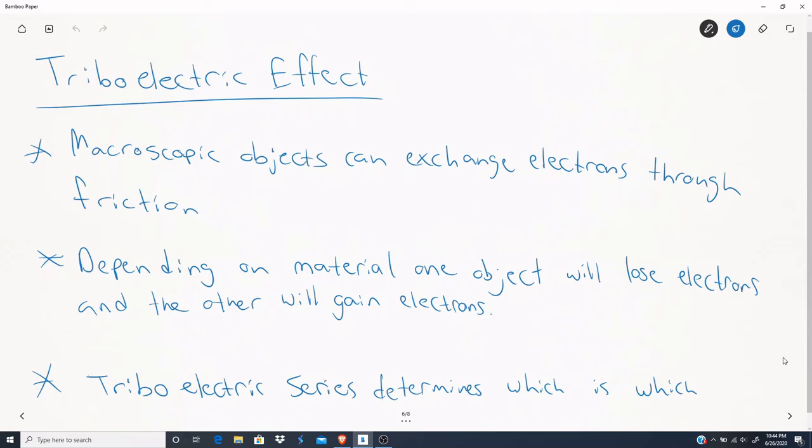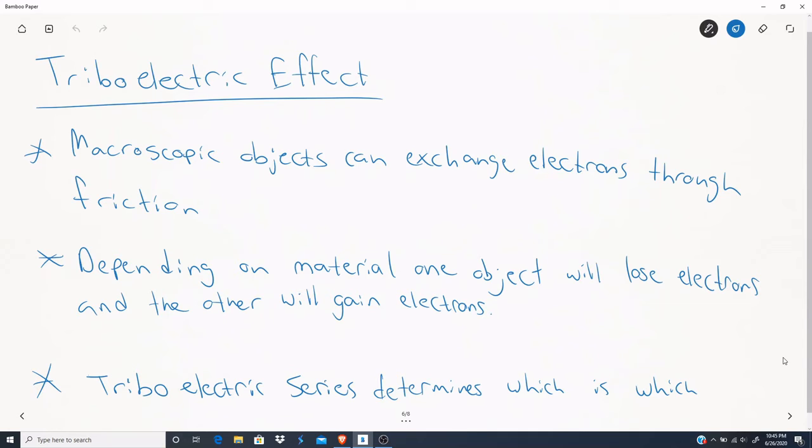The reason that one will gain and one will lose is really based on the detailed chemistry of those objects. It's somewhat related to the concept of electronegativity, if you've ever heard of that concept from a chemistry class. There is a series that tells you which types of materials will gain electrons and which types will lose electrons.